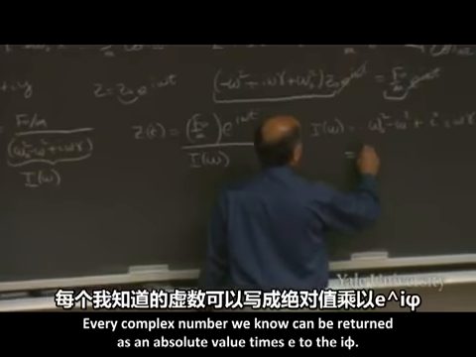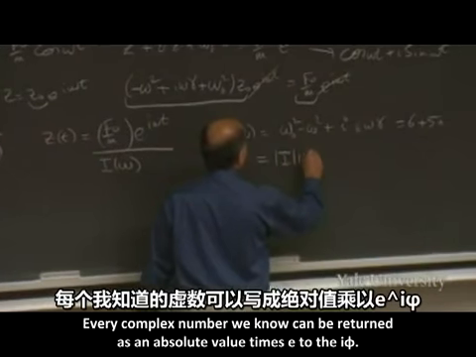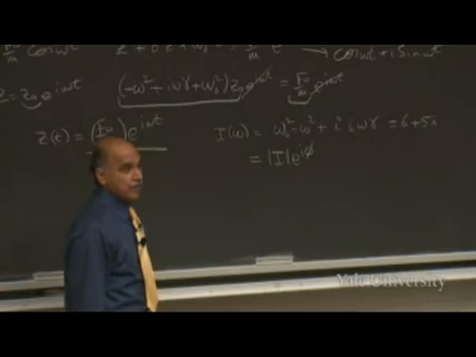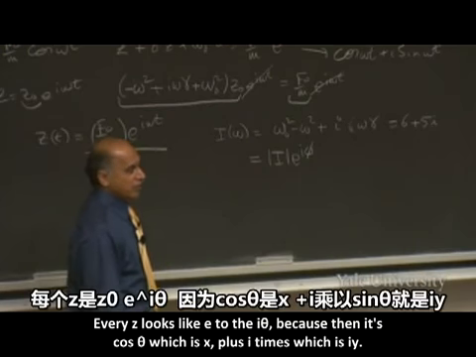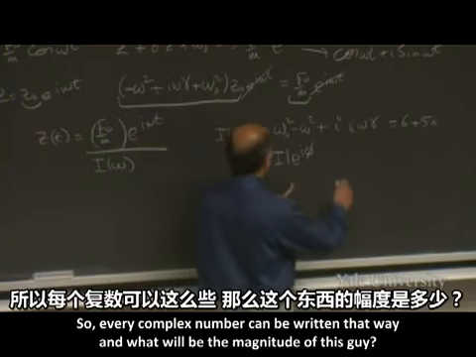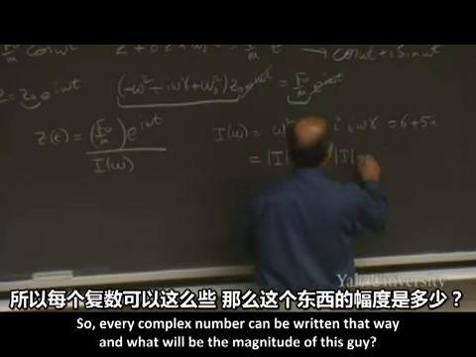Every complex number we know can be written as an absolute value times e to the i phi. Every z looks like mod z e to the i theta, because then it's mod z cos theta, which is x, plus i times mod z sine theta, which is iy. So every complex number can be written that way. And what will be the magnitude of this guy?